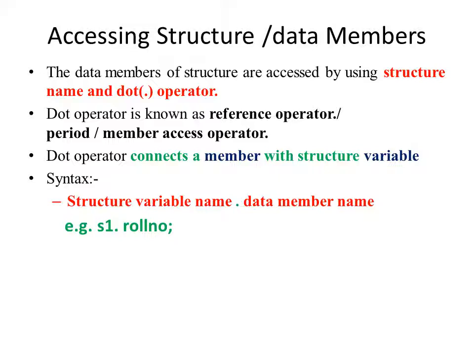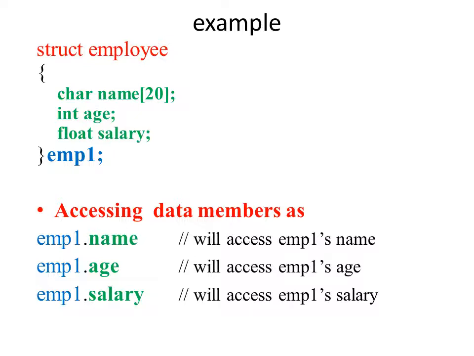So this is the syntax for how we can access the structure members with the structure variables. First we write the variable name, then the dot operator followed by the data member.